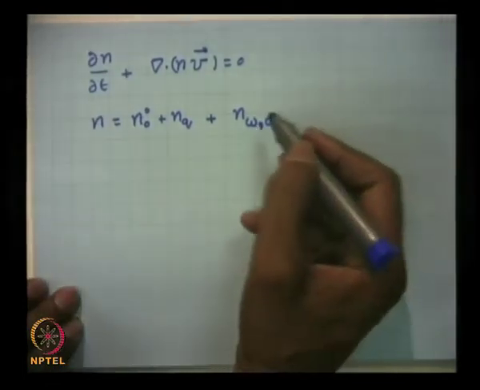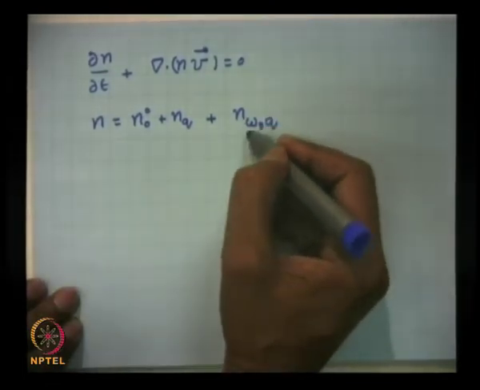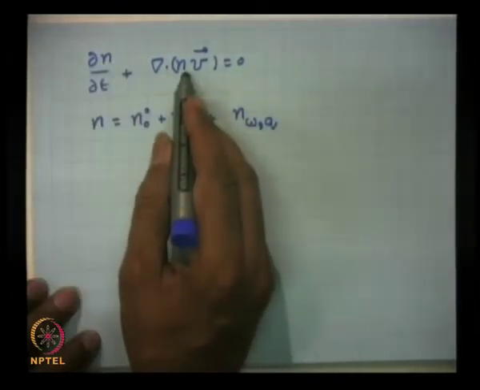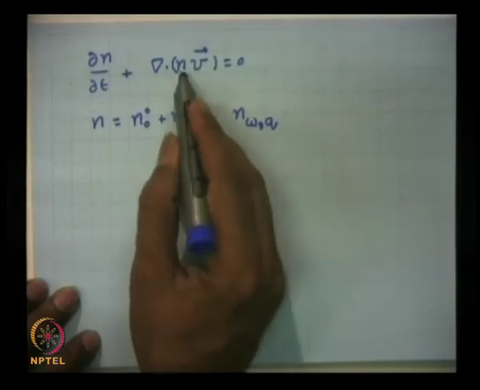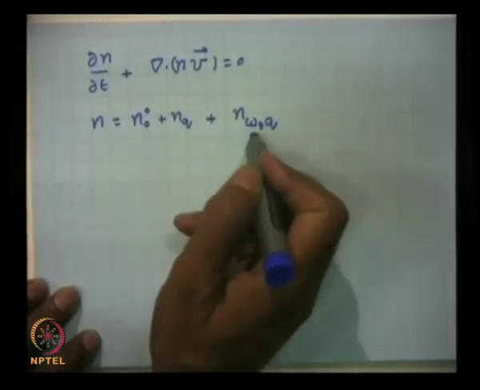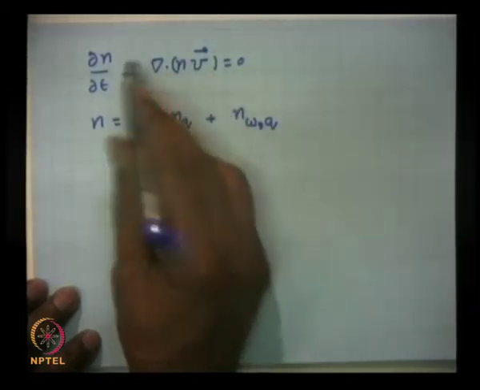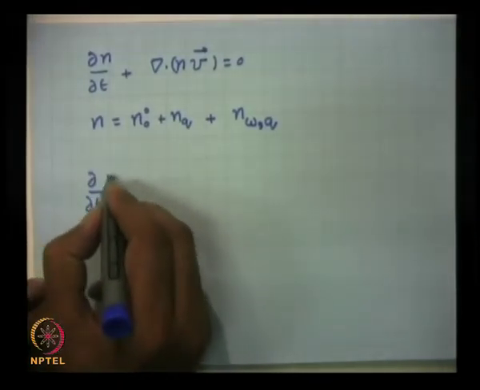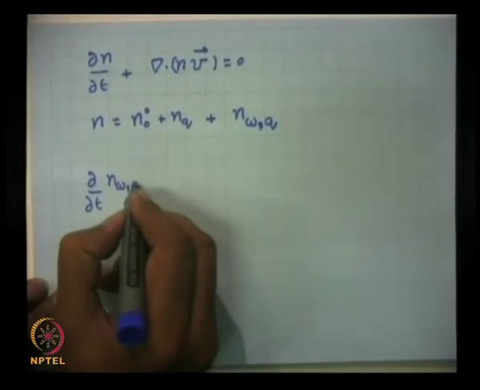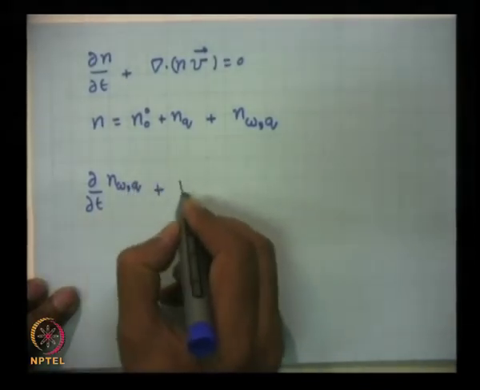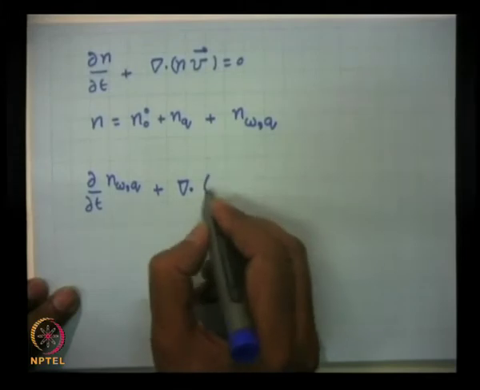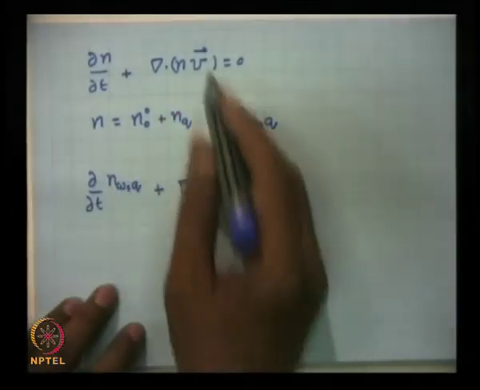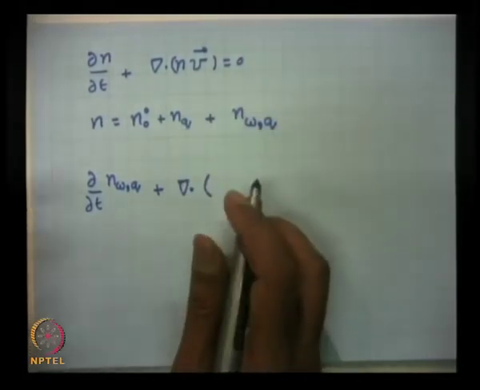So, I want to calculate the modified density, this term. I put this in here and retain the product that has omega frequency and q wave vector. This equation will give me delta by delta t of n omega q plus del of n has these many terms and v has the omega 0 term.